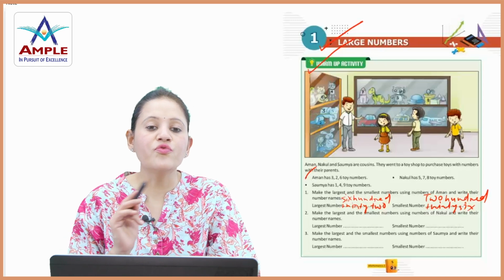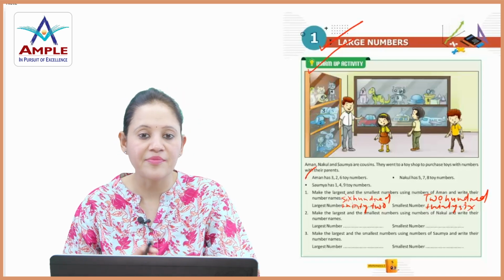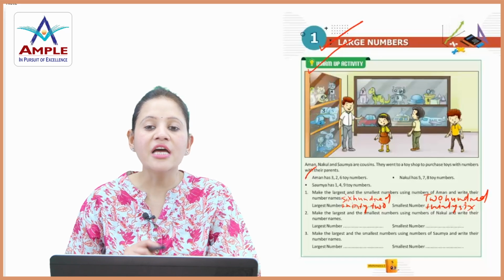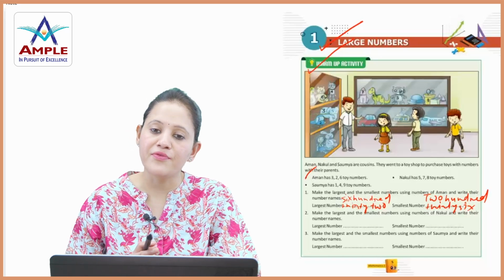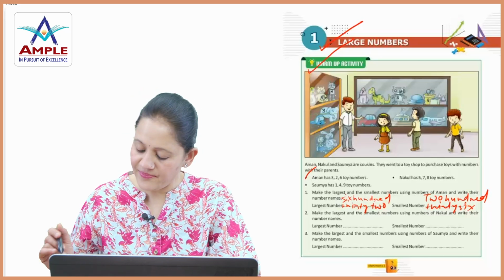So to form the largest number with the given digits, we will arrange the digits in descending order, and to form the smallest number, we will arrange the digits in ascending order. Clear?